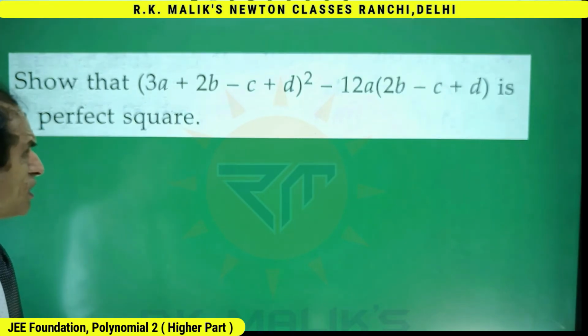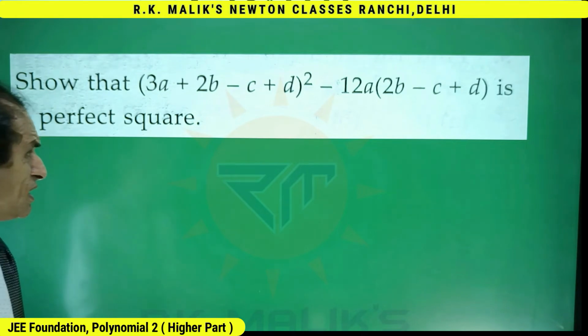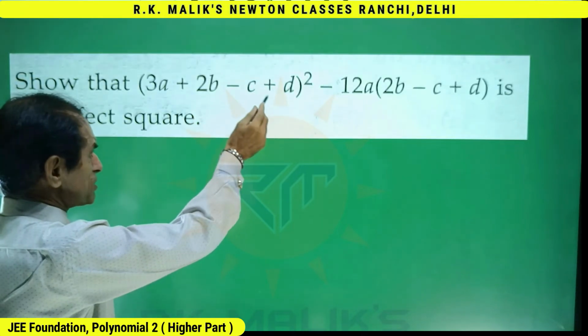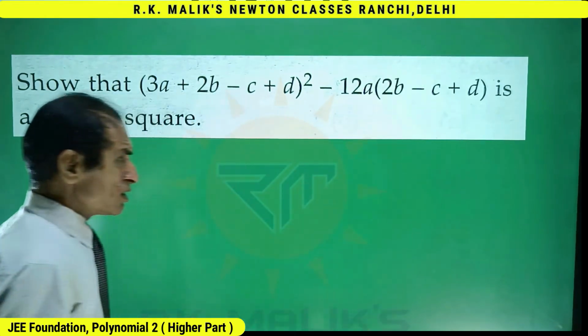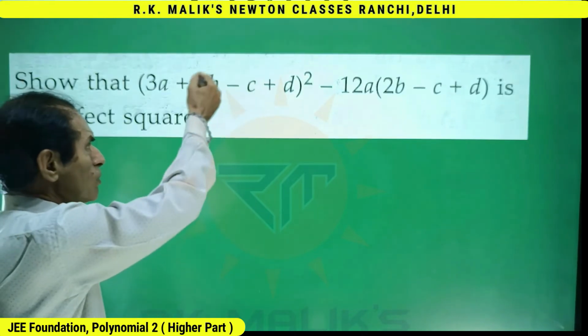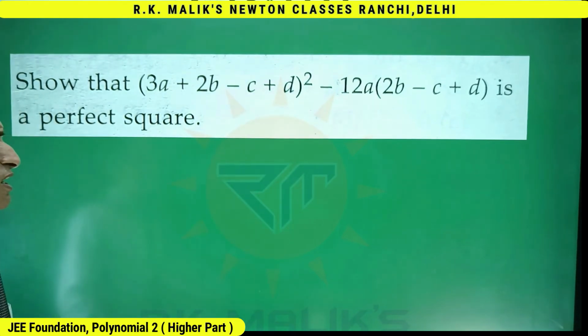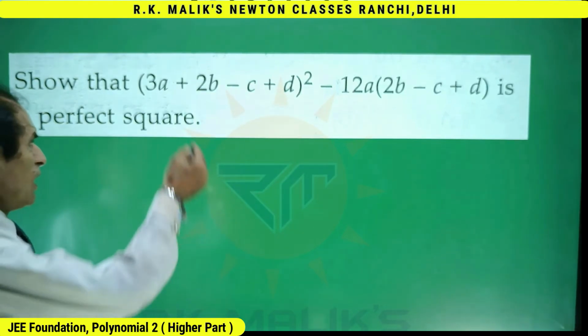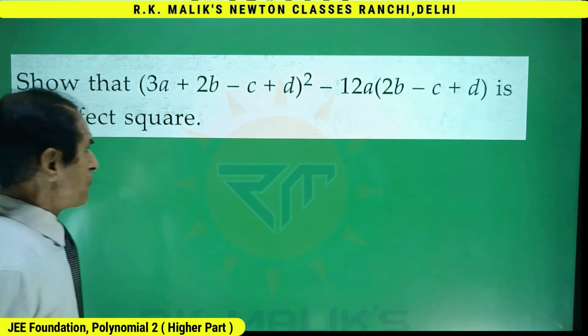Otherwise it seems to be a tough question, but one thing you note that 2b minus c plus d is present in this part also and in this part also. Hence my calculation will become slightly simple if I name 2b minus c plus d as some other constant, say y, and 3a and 12a are present.